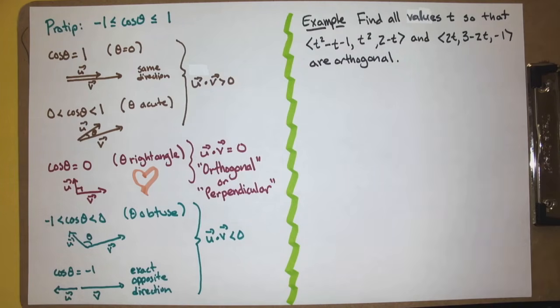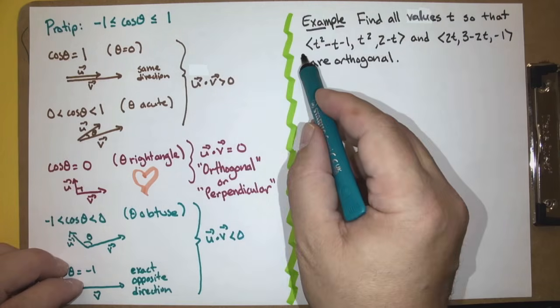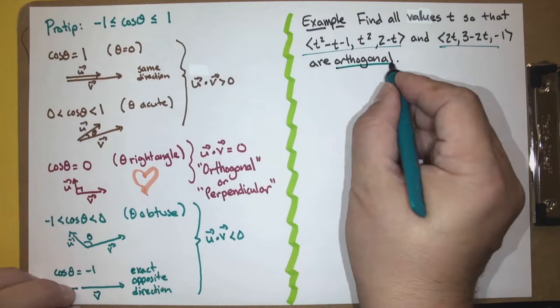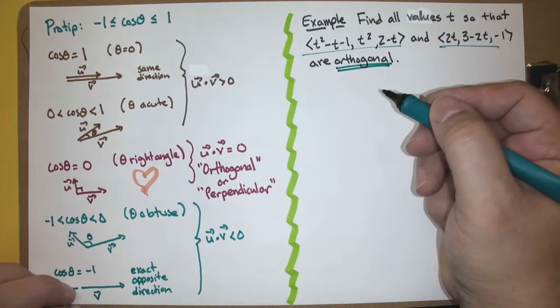Find all values t so that we have two vectors which are expressed in terms of t. That's perfectly fine. It just means as you pick a value for t, you get a slightly different set of vectors. We're going to move into this setting in the next few weeks. We want to make sure they're orthogonal. So when you hear the word orthogonal, what should you think?